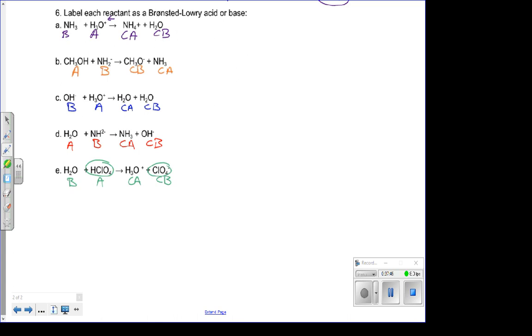You're looking at the number of hydrogens in each formula. This one goes from H2O to H3O. So that gains a hydrogen, which makes it the base. So an acid gives up a hydrogen, a base accepts one.